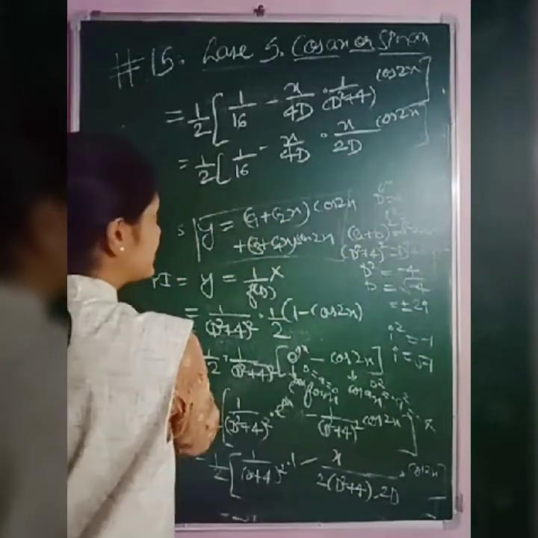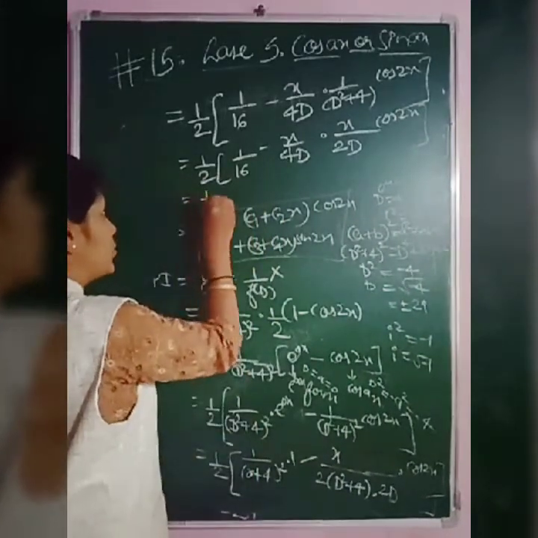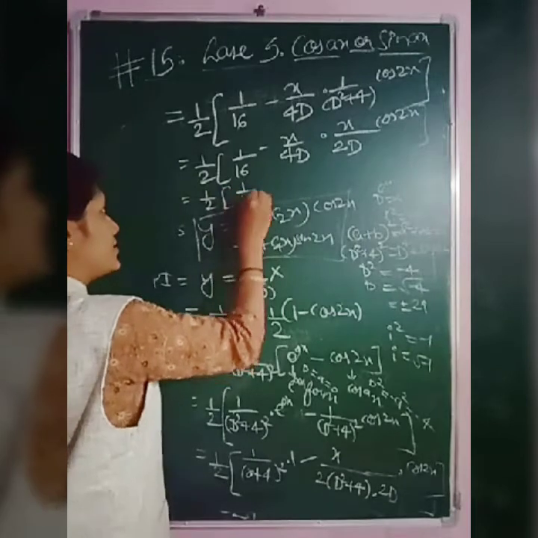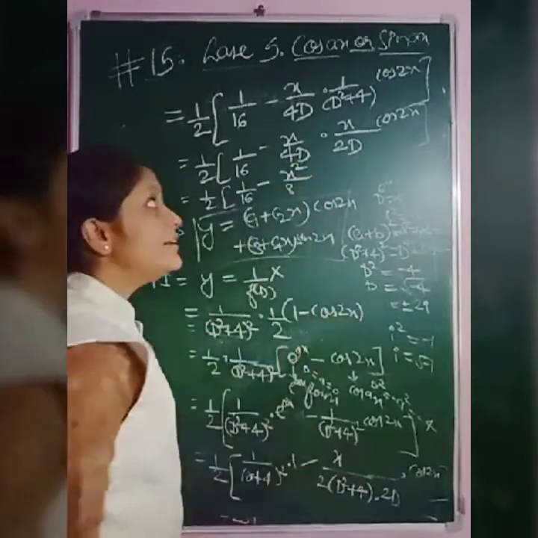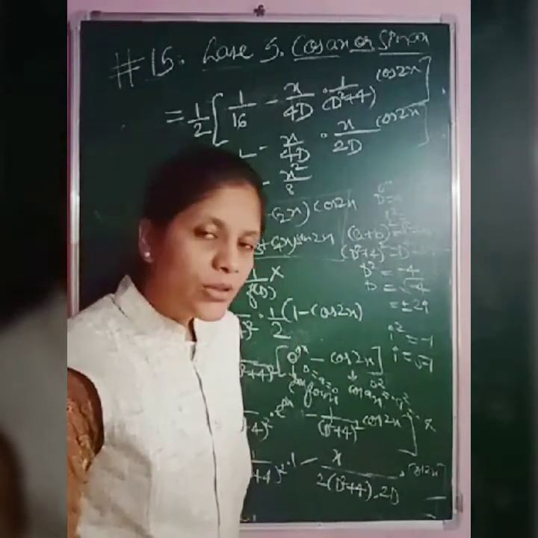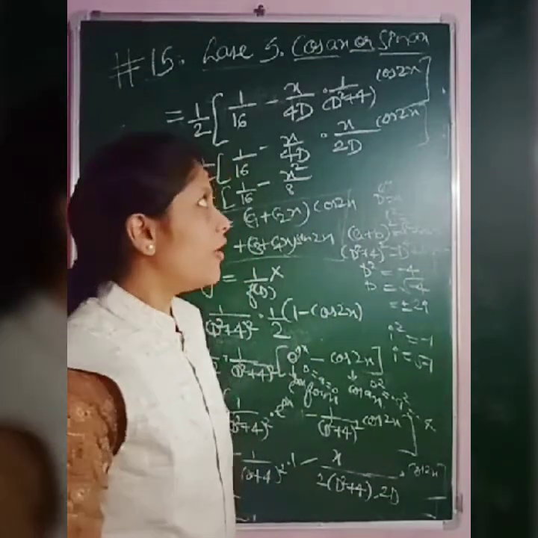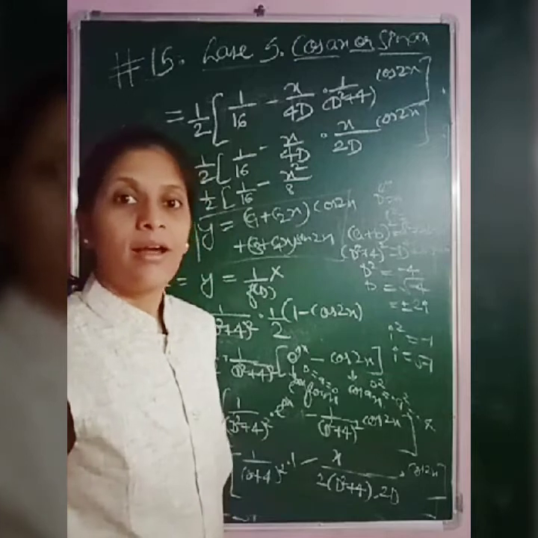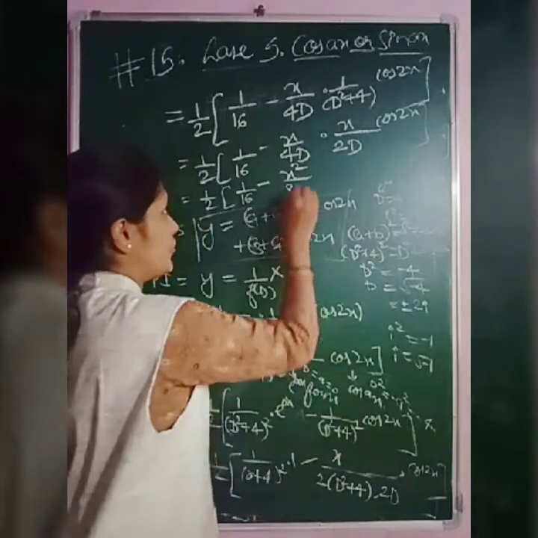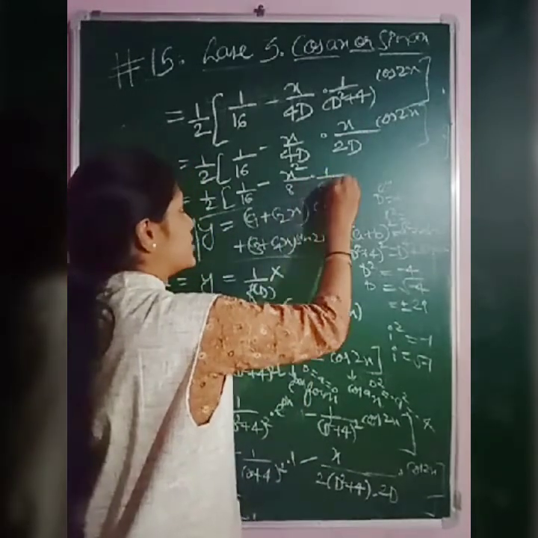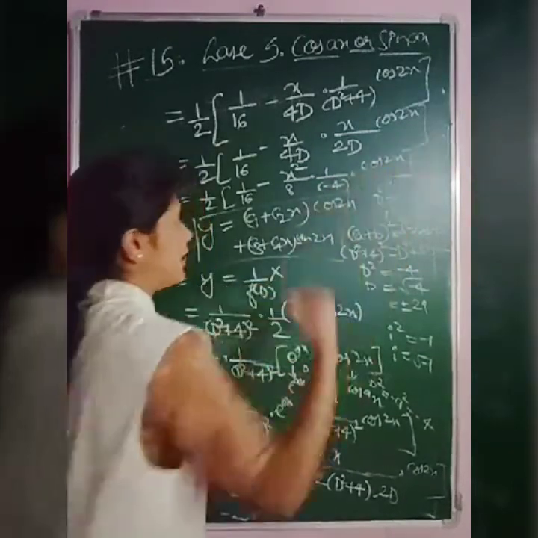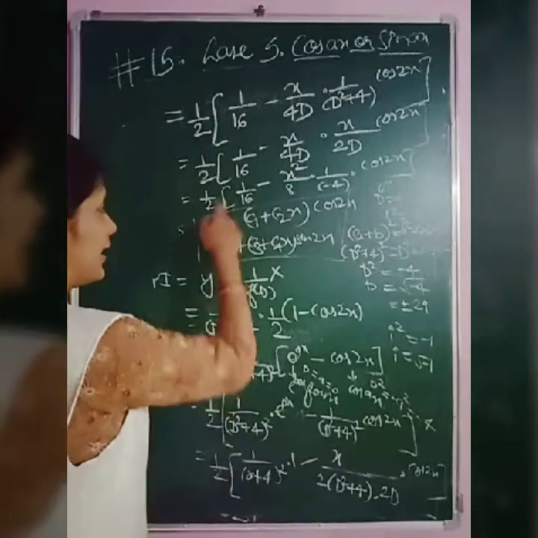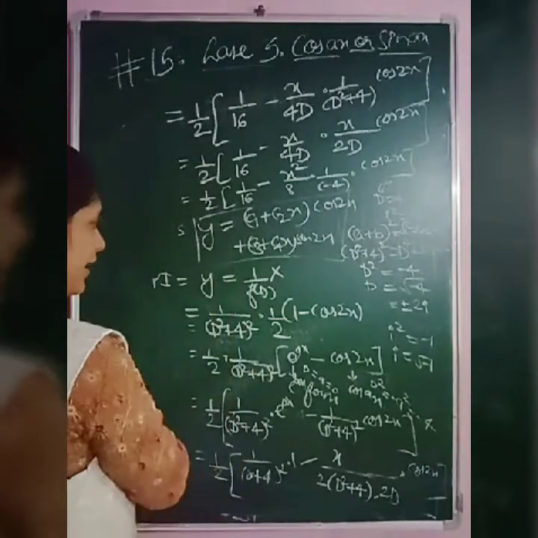Now, what does this stand for? 1 by 2 as it is, 1 by 16 as it is, x square, 4 to the 8, D square. So either you can integrate 2 times or directly D square is minus 4. So what we can do? Minus 4 cos 2x. Right? So again this total you can write.